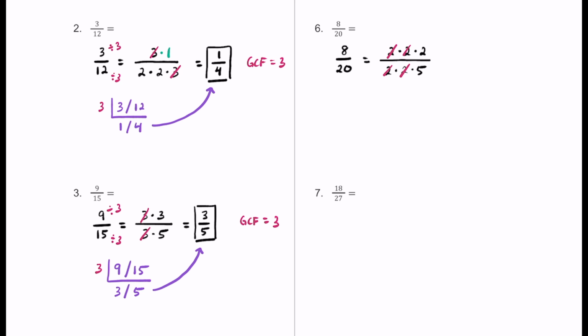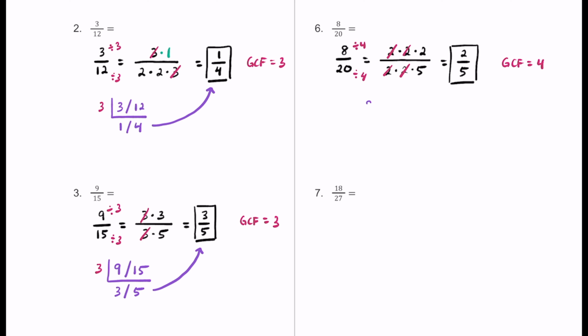So 2 times 2 is 4, which means that 4 would be their GCF if you multiply the common primes together. And then we're left with a 2 and a 5 afterwards, right? Because 8 divided by 4 is 2, and 20 divided by 4 is 5, and that's also the leftover number. So this is going to be 2 and 5. And so we can say here that the GCF, or the greatest common factor, was equal to 4.